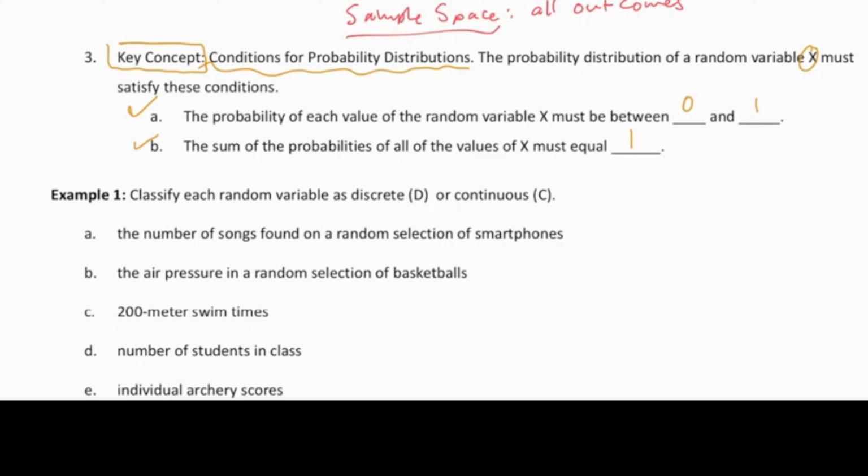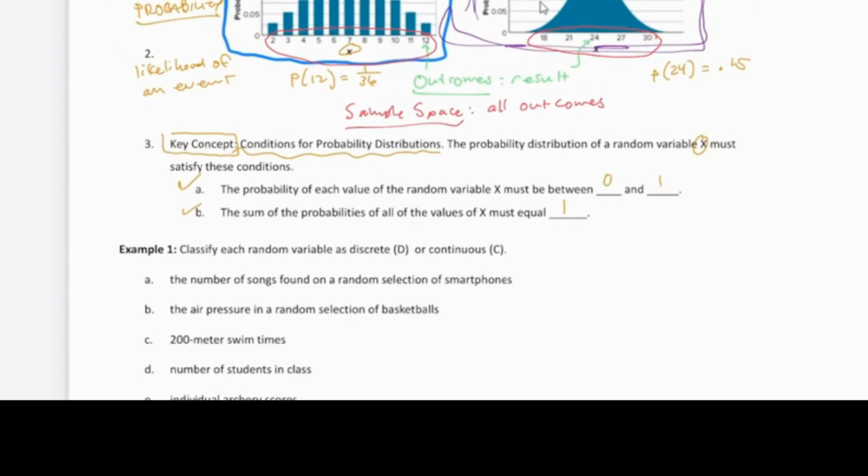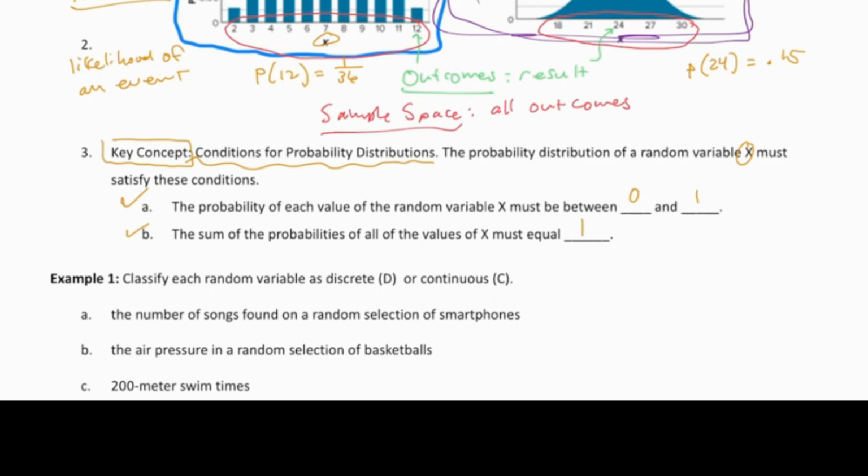Okay, let's think about this. Let's do these examples over here. Example number 1. Classify each variable as discrete or continuous. I have the number of songs on a random selection of smartphones. Okay, so question, can I count? Look above, discrete is where we can count, let's do that color coded.